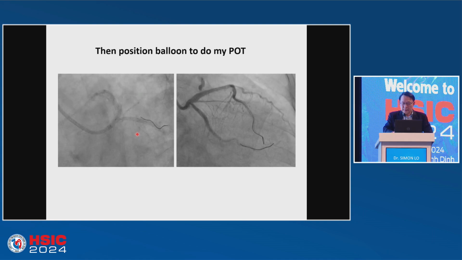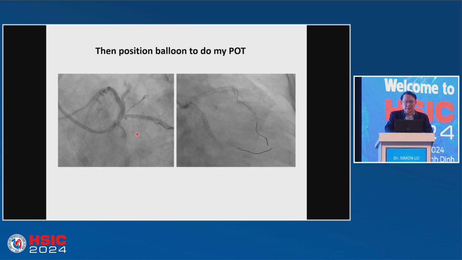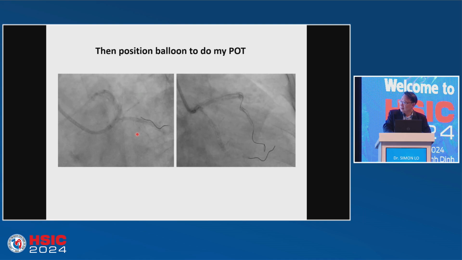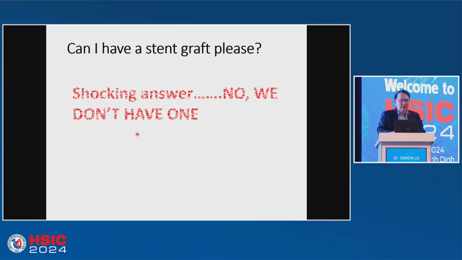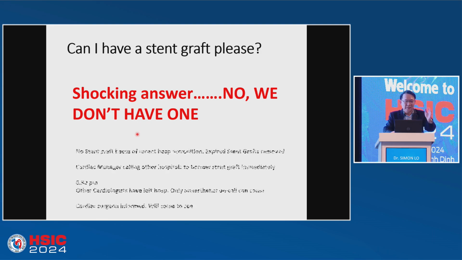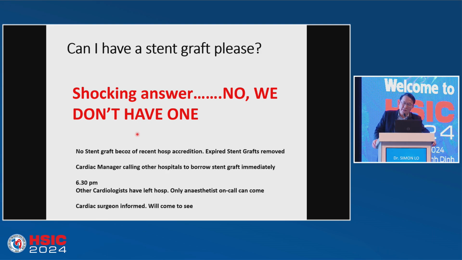And so I was thinking, well, it's just a perforation. So what? So I asked for a stent graft from the lab people, the technicians and the nurses. And what was the answer? No, we don't have one. There you go. Now, I was shocked. And what was the reason there was no stent graft in the lab?